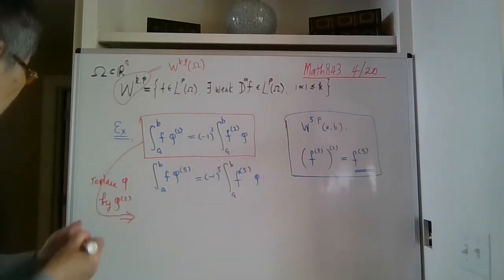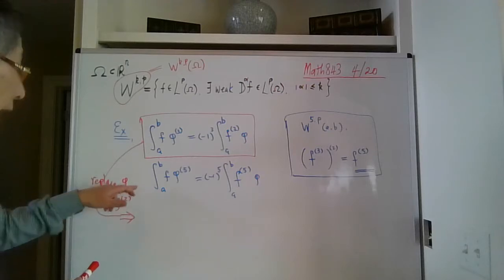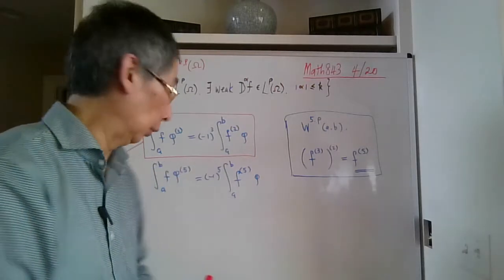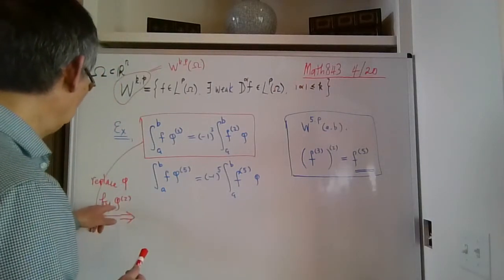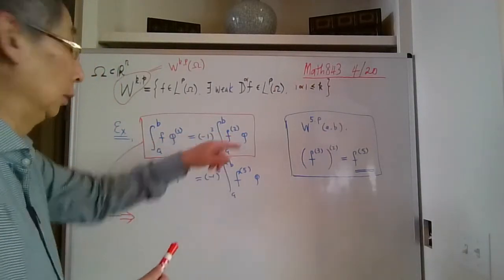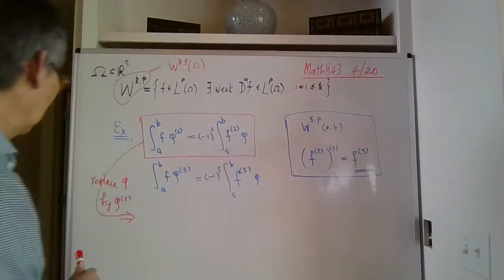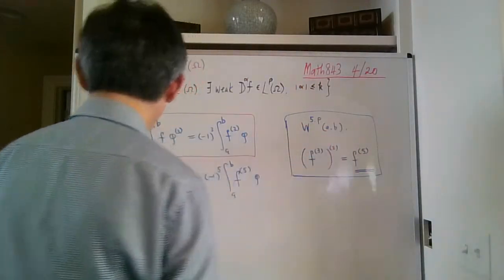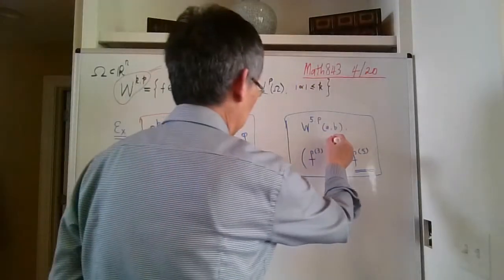If phi is a testing function, then the second derivative is still a testing function, so you are allowed to use the second derivative of phi as the testing function. Now, why do I use phi2? Because of this 2, the same 2 here.